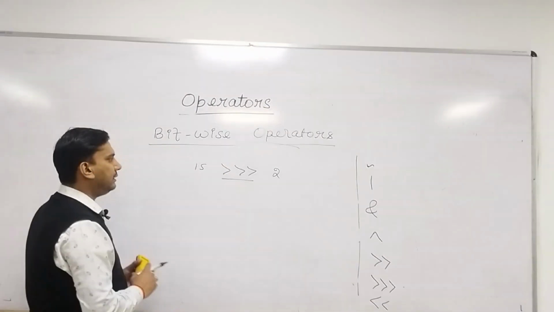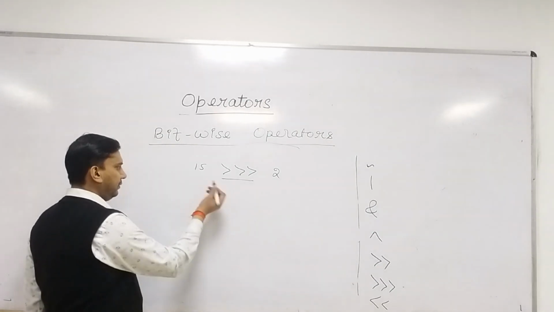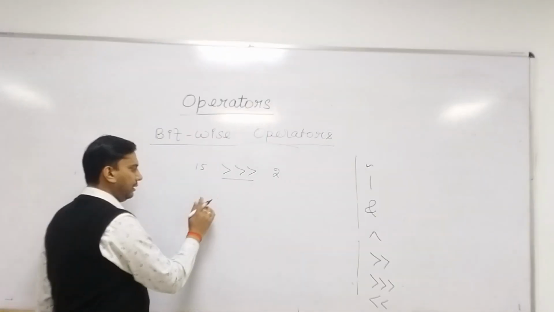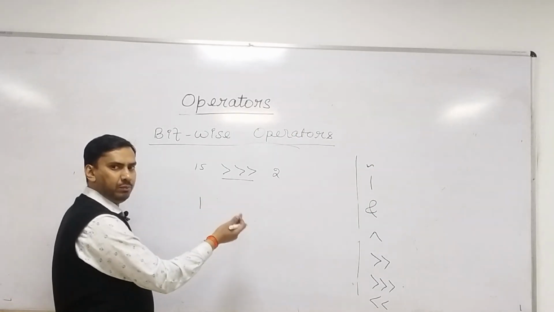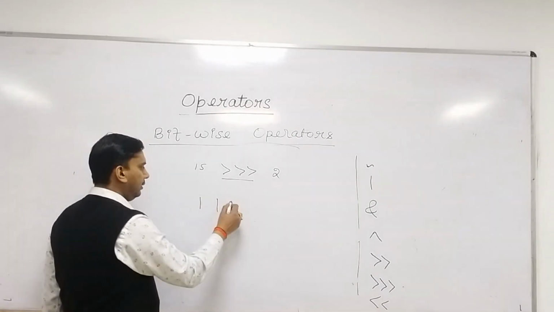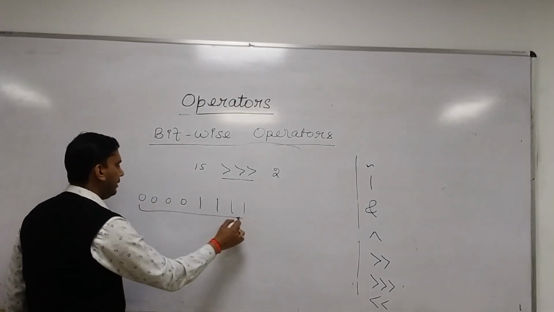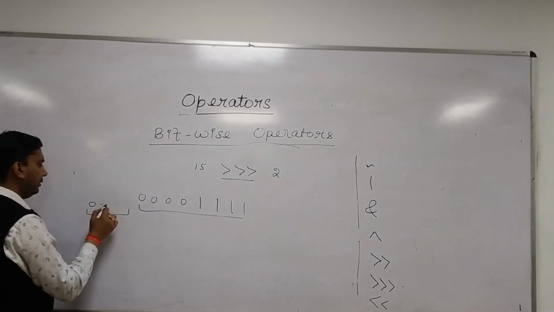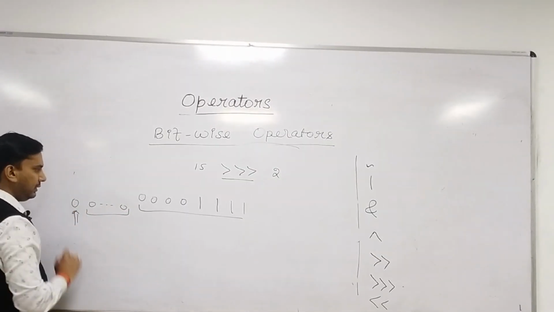So in case of unsigned right shift, I am going to perform the shifting toward the right side. So 15 means 8 plus 4 plus 2 plus 1. This is your 15. And then we will be having 23 zeros and then an MSB which is 0, the sign bit.